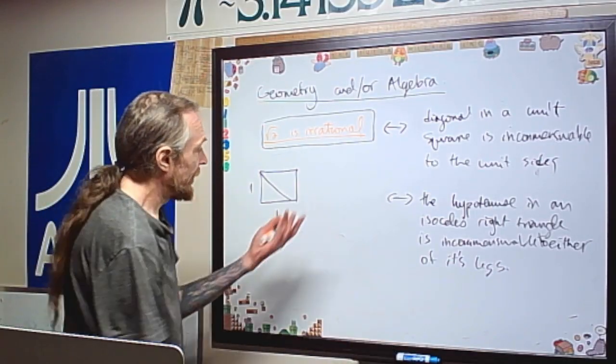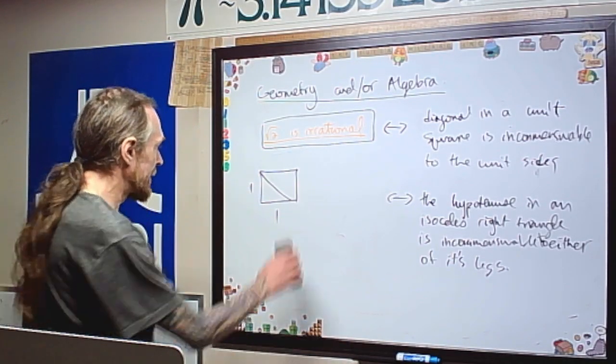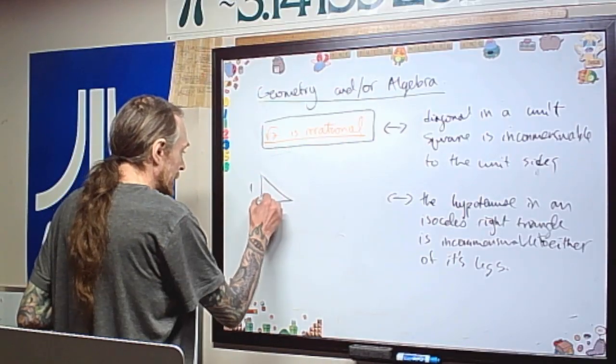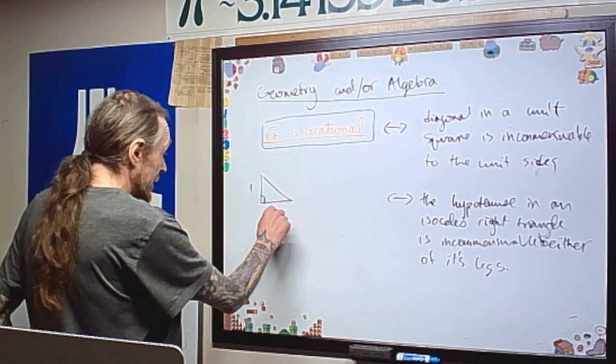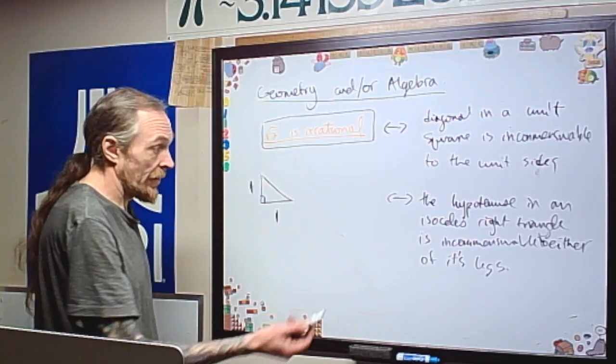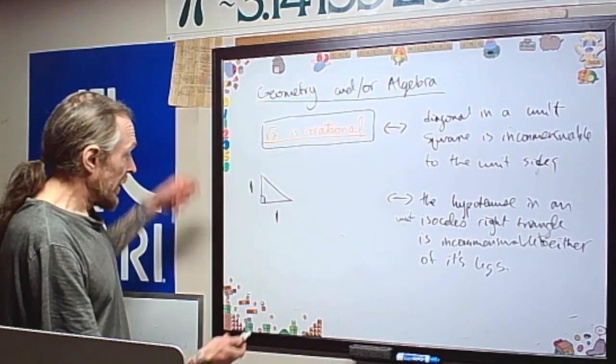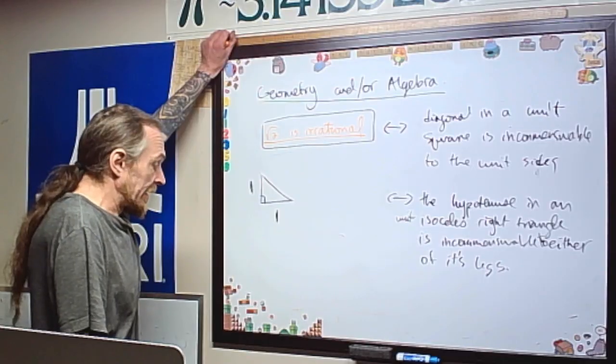Most of the time that I've derived it is using the right triangle. So this is what a right triangle is. Isosceles means that the legs are the same length, and we're going to call them unit, just for the sake of simplicity.